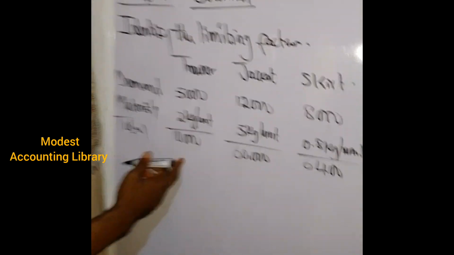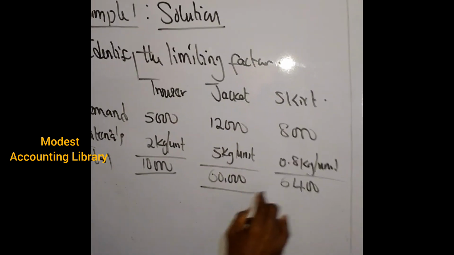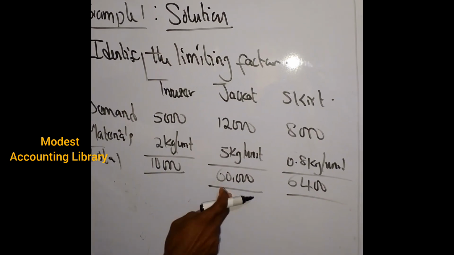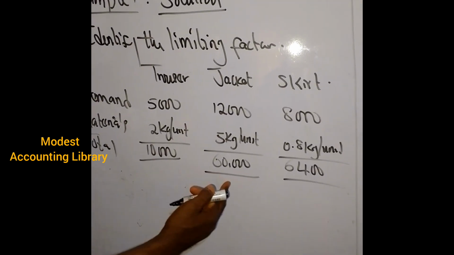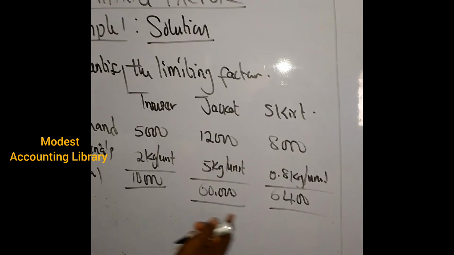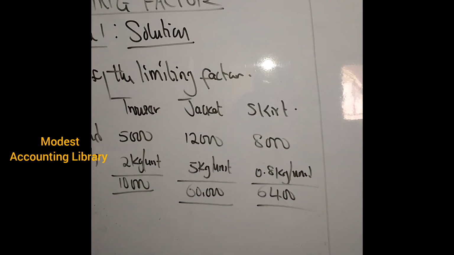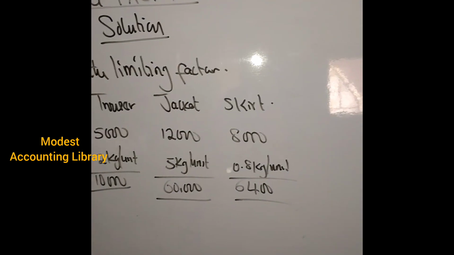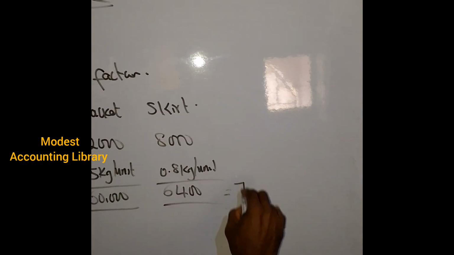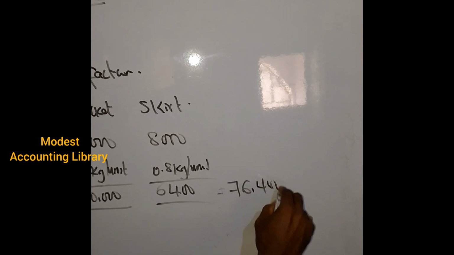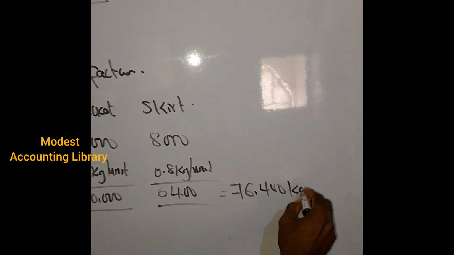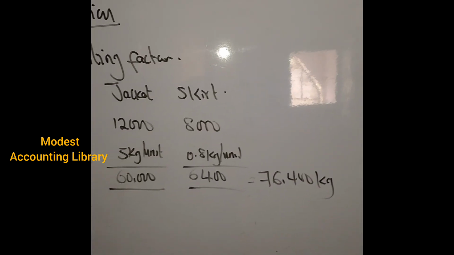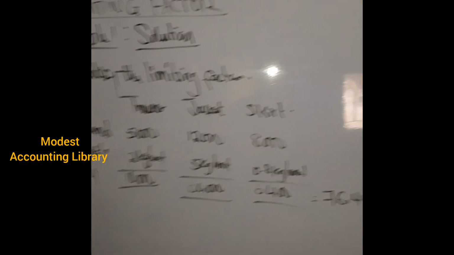I'm going to add this plus this plus this. 10,000 plus 60,000, that's 70,000, plus this, that's 76,400 kg. So now, this is the total.